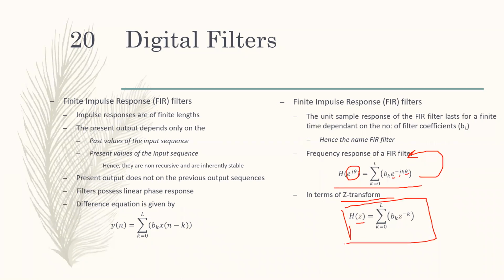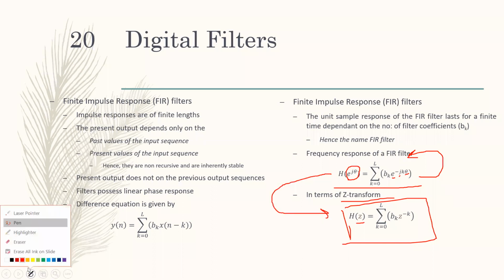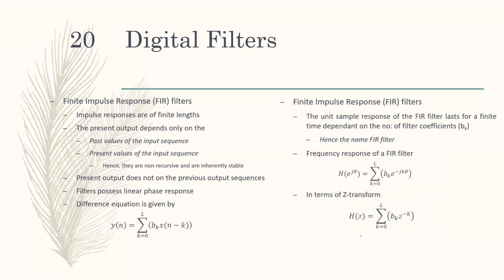This is the Z transform related to the frequency response equation we have seen here. We can also term it the transfer function, since H of z is nothing but the ratio of Y of z divided by X of z.